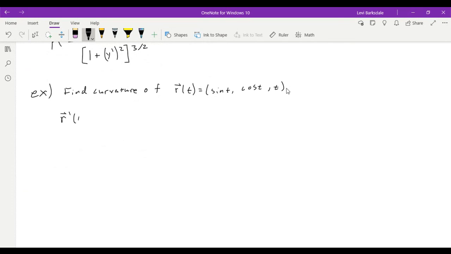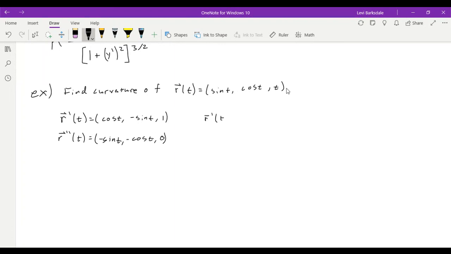Well, your first derivative is going to be cosine of t, negative sine t, 1. Your second derivative is going to be negative sine t, negative cosine t, 0.